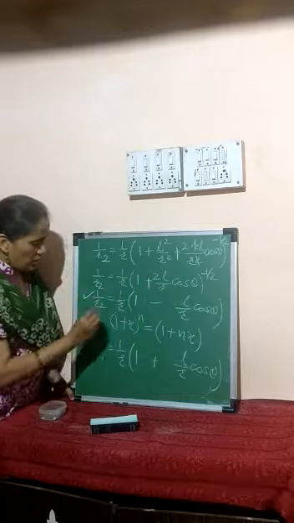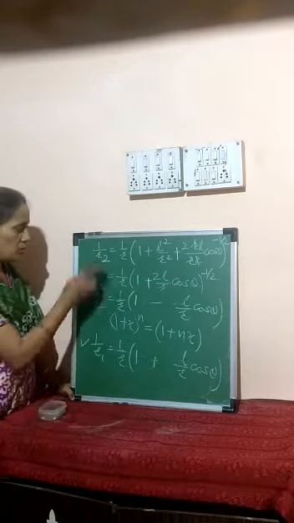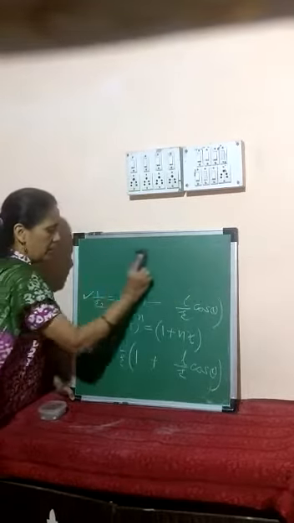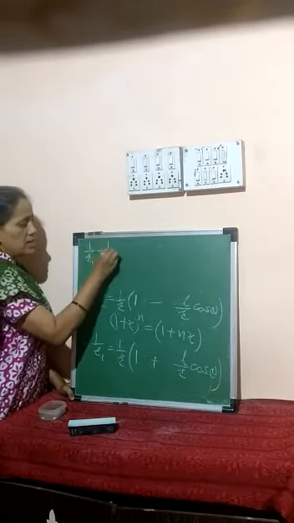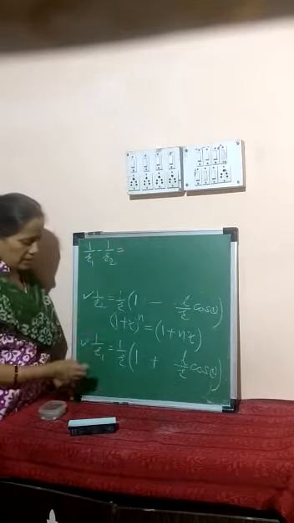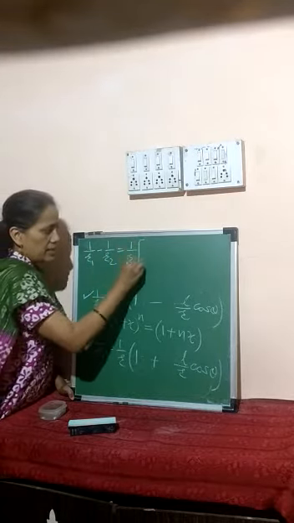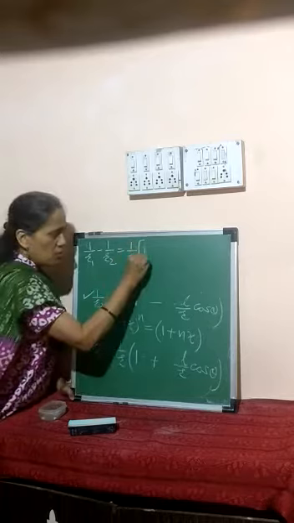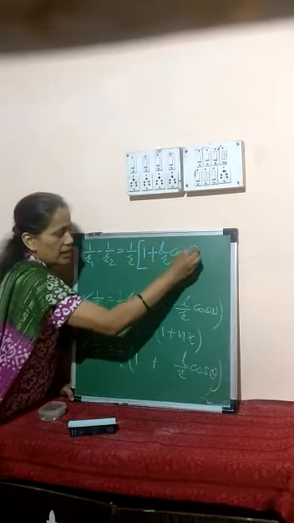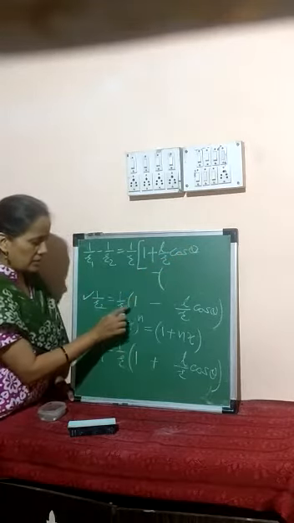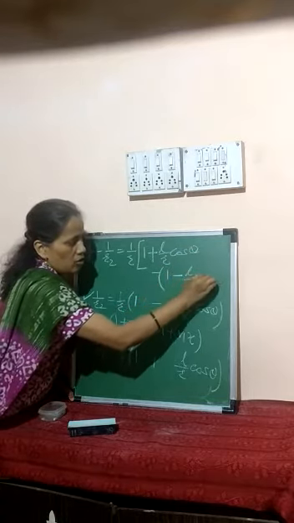So this is your 1 by R2, and this term is your 1 by R1. Now using that, I can write down 1 upon R1 minus 1 upon R2 as, so these are the two terms, in that 1 by R is common. Inside the bracket, first term is 1 plus L by R cos of theta minus second term 1 minus L by R cos of theta.